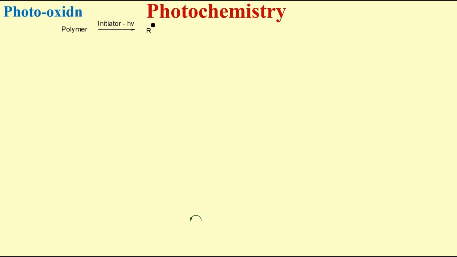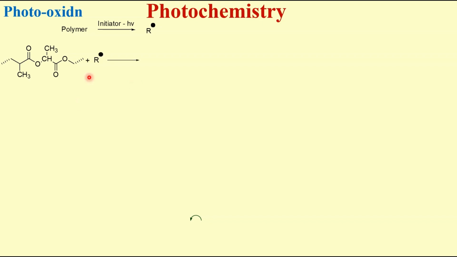I take a polymer, initiate by UV rays, I'll get the R radical. The R radical will react with a polymer. The hydrogen on CH is flanked between the carbonyl and oxygen. Both are electron withdrawing. This is acidic enough to lose that hydrogen.